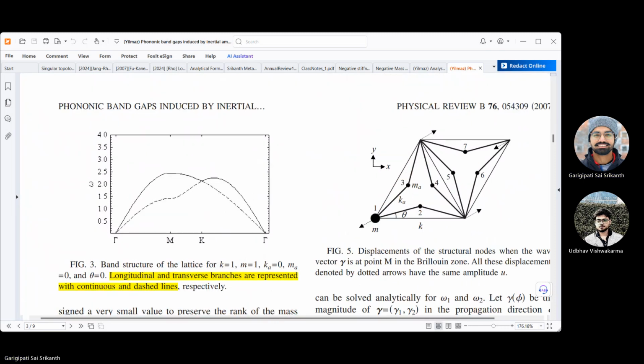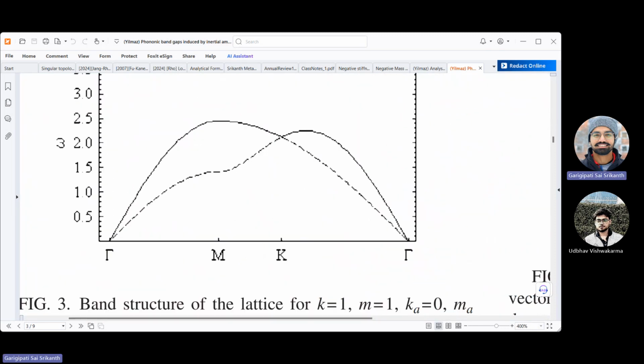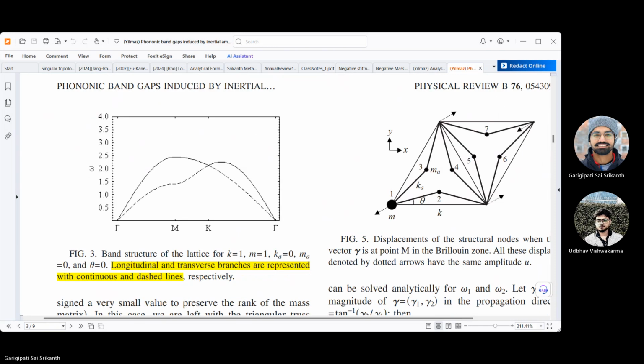Right, so this is the plot and structure of the lattice for Ma equal to 0. That implies this is not inertially amplified.